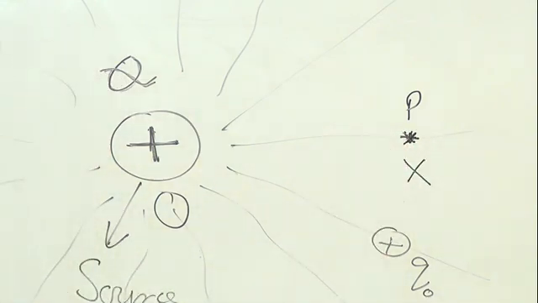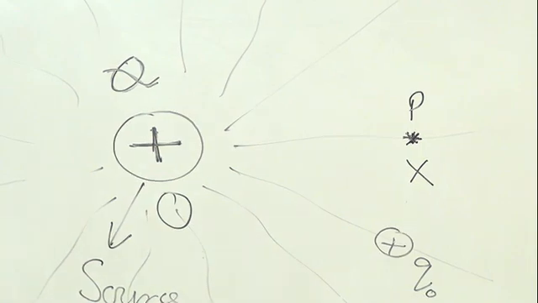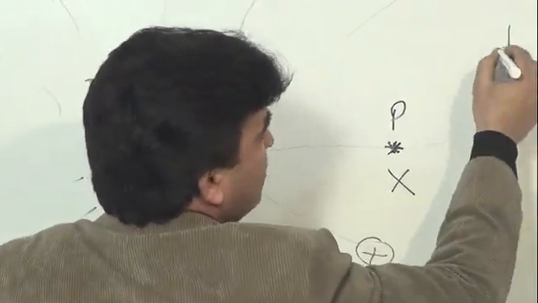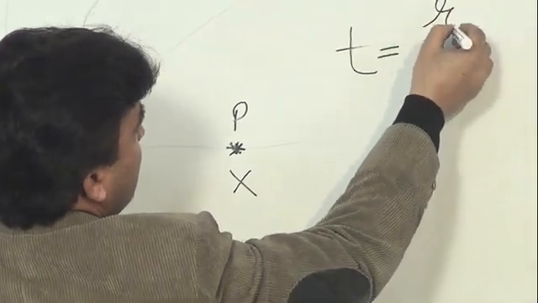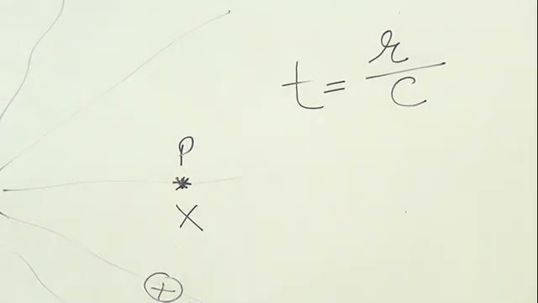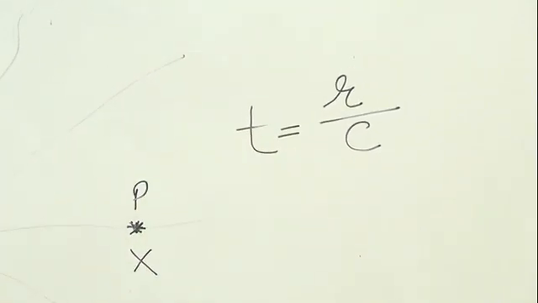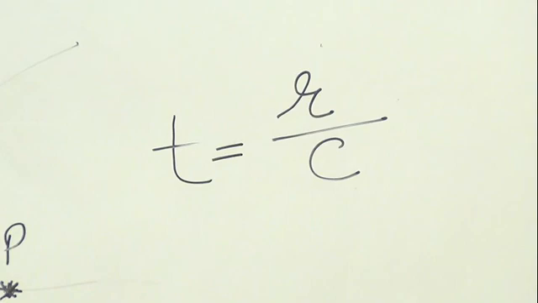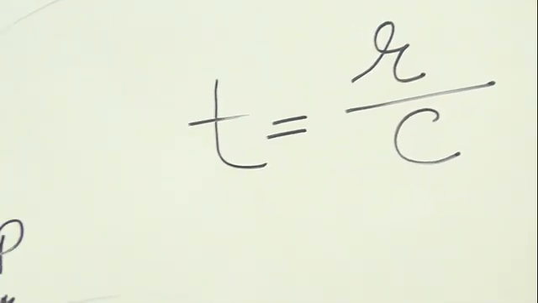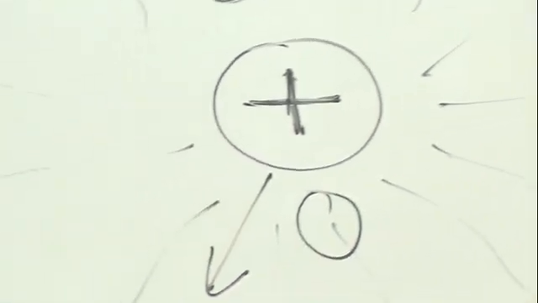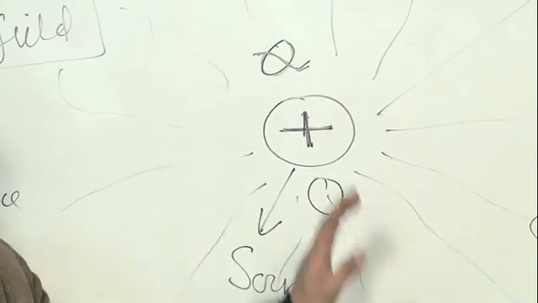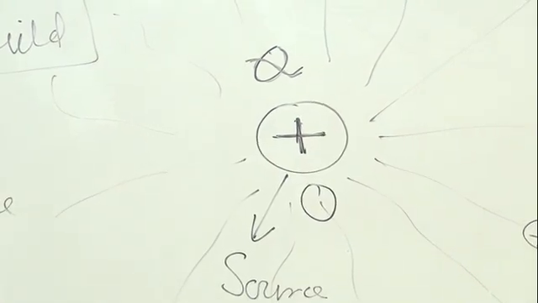The time taken by the field to get changed at X is given by R divided by C, where R is the distance moved by the source charge and C is the velocity of light. In other words, we can say the electric field propagates with the velocity of light.